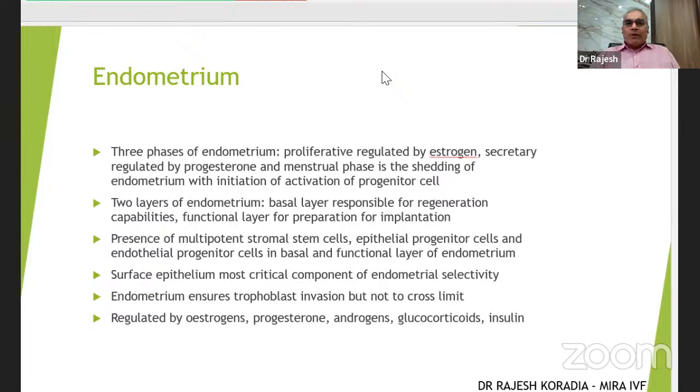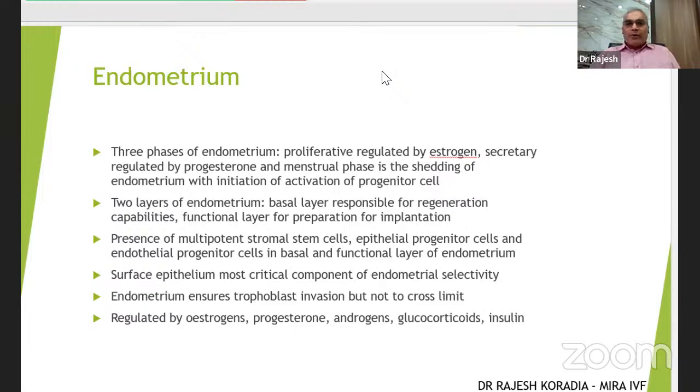There are three phases of the endometrium: the proliferative phase, which is regulated by estrogen; the secretory phase, which is regulated primarily by progesterone; and the menstrual phase, which is the shedding of the endometrium, with activation of the progenitor cells present in the endometrium, which initiates the regeneration of the endometrium for the next cycle.